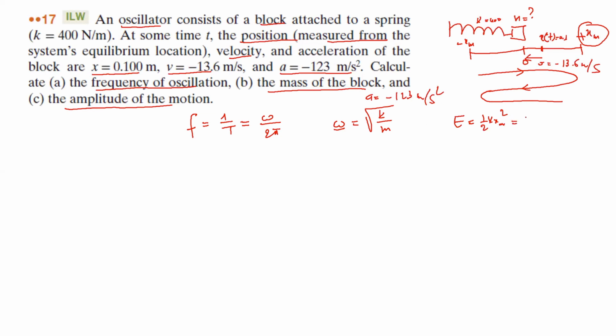And you said that this is equal to spring potential energy plus kinetic energy. Basically, half k x squared plus half m v squared. Okay. But I don't know xm and I don't know m. But you get my point, okay? Good. I'm very happy that you said this.